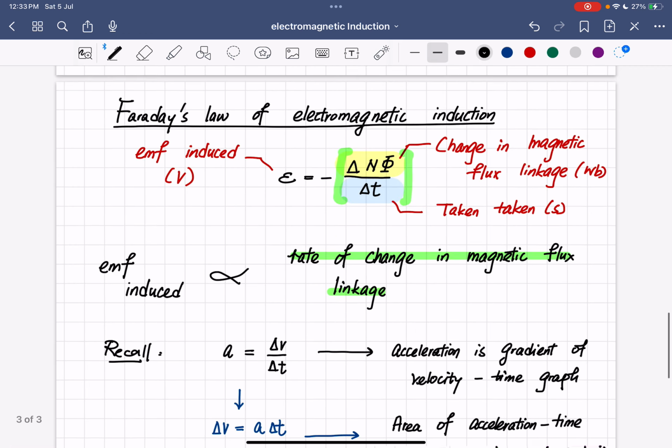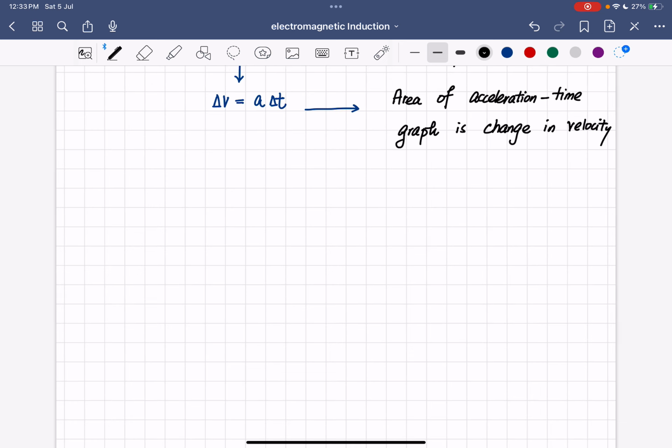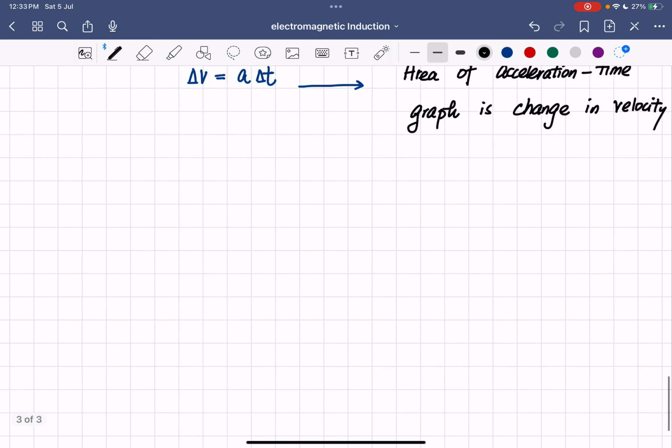So let's put it properly. The equation we're saying is E equals minus change in flux linkage over change in time.